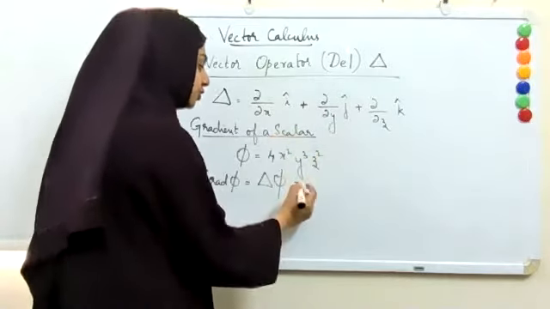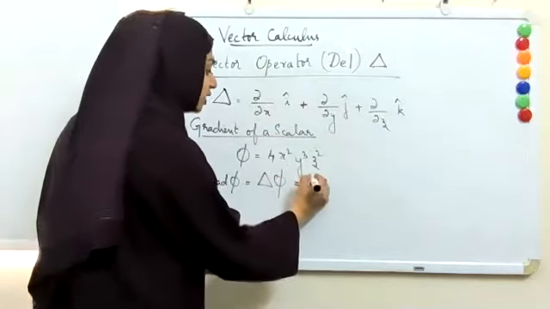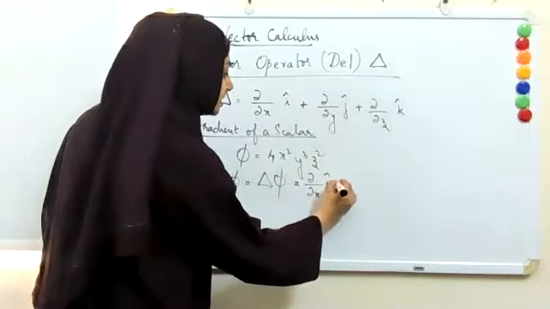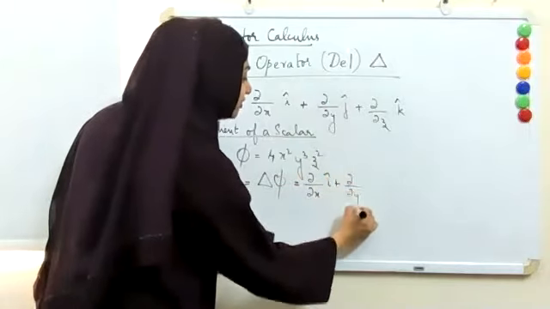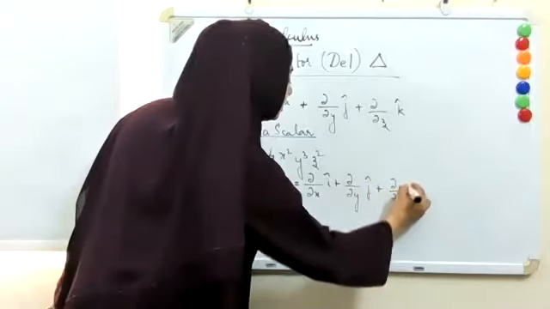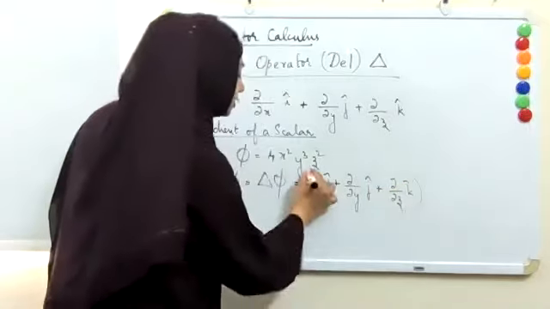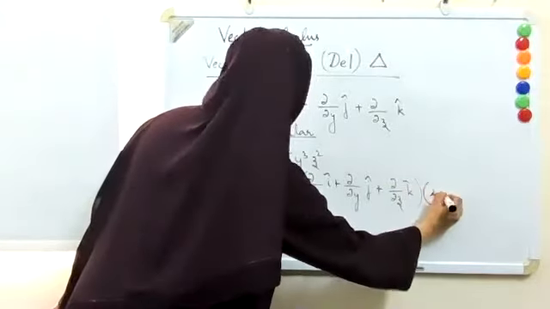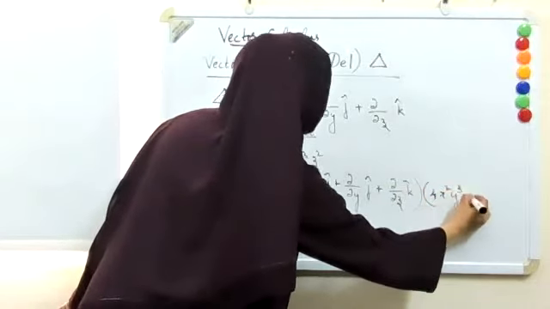So let me show you how to do. First you have dou by dou x of i cap plus dou by dou y of j cap plus dou by dou z of k cap, and you are doing that on the scalar quantity 4x square y cube z square.